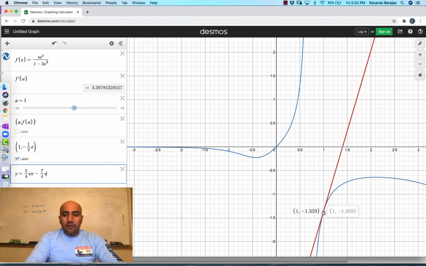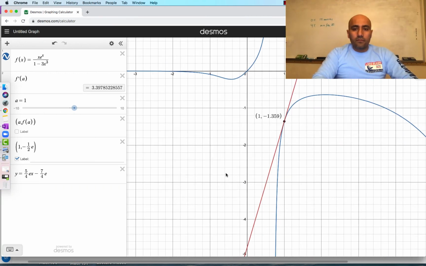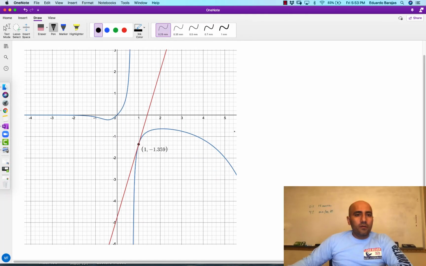Okay, so here is a point on my curvature, and this red one here is the tangent line, and here's the equation of the line tangent at that point. Okay, so the equation in blue was the function f of x equals x e to the x all over 1 minus 3x cubed.